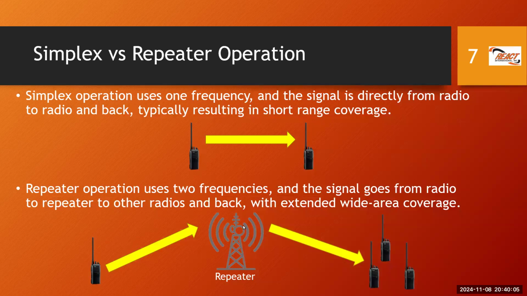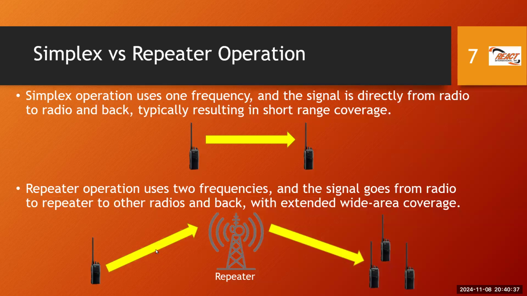As it receives this transmission, it will simultaneously and automatically retransmit on another frequency. It cannot transmit on the same frequency that it is receiving on, right? So it transmits on another frequency, which is what all the other radios that are listening will hear. That's why we say in repeater mode, there are two frequencies in use.